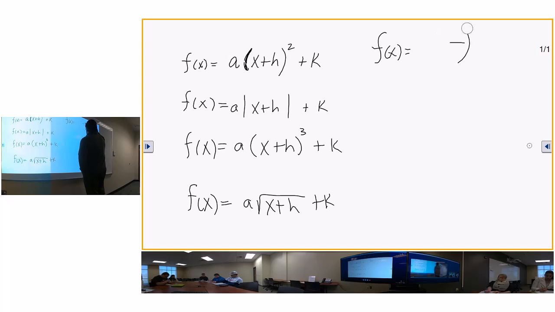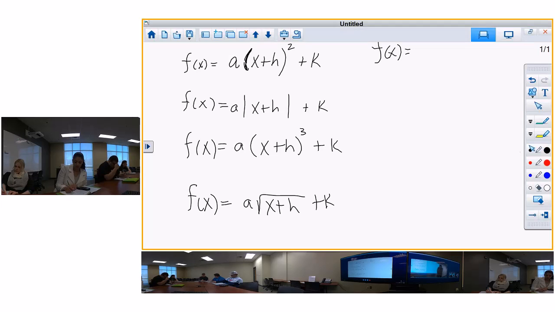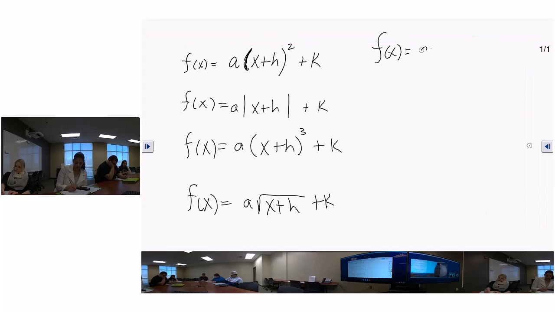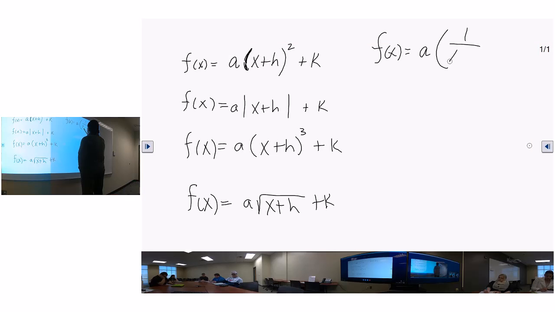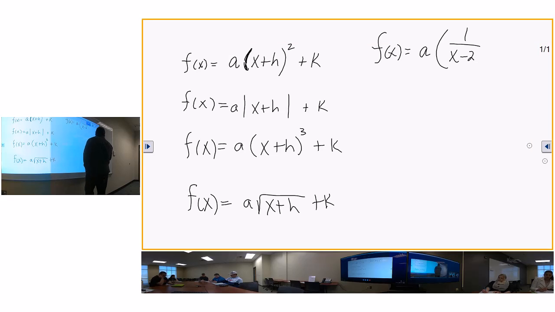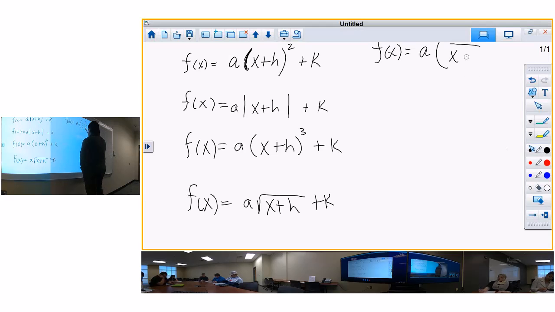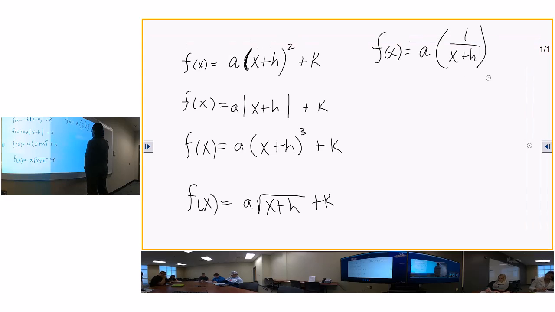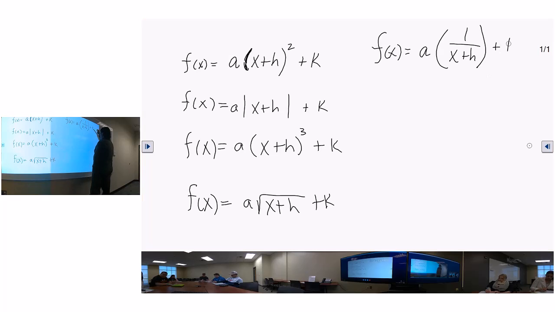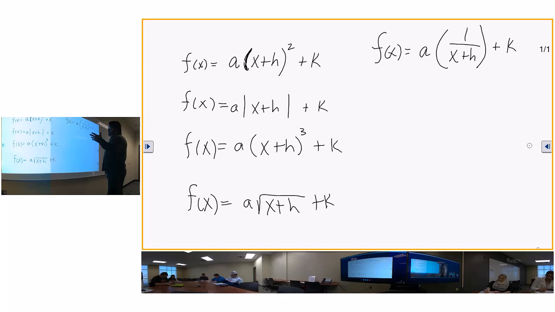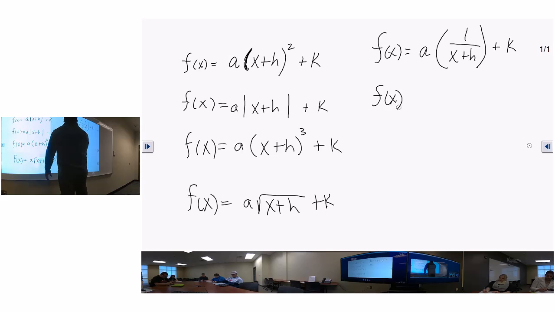A times 1 over x plus h, plus k. I'm trying to do all the family graphs that I gave y'all in 109.